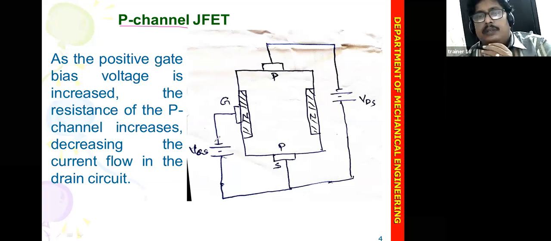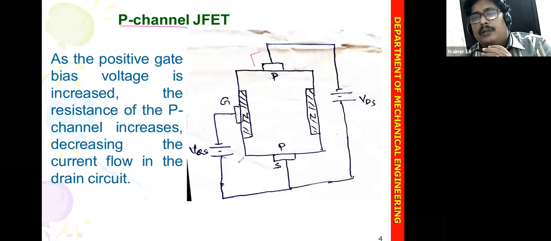Then see here, if you supply a negative gate-to-source voltage to the N-type, the negative terminal is connected to the N-type, and the positive terminal of VGS is connected to the P-type. That is the source, S indicates source, and this is the drain.